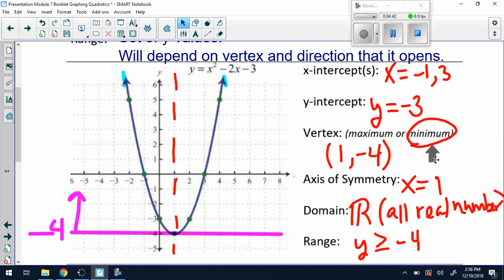Anytime your vertex is a minimum, your range will start with y is greater than or equal to, and it will be the y coordinate of your vertex every time. Again, it's because -4 is my smallest value, so my range is y is greater than or equal to -4. And that is it for this first example.